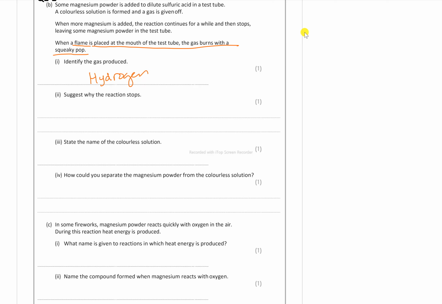Right, so why does the reaction stop? Because all the sulfuric acid, H2SO4, has reacted completely.